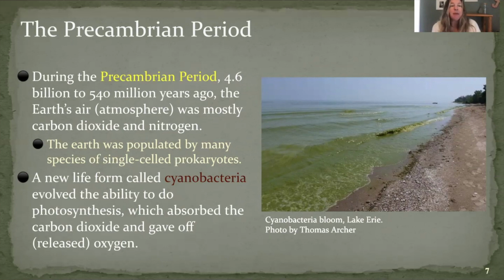There were small species called prokaryotes, and a new life called cyanobacteria evolved the ability to perform photosynthesis. Think back to biology, think of what photosynthesis is. It absorbed the carbon dioxide and released the oxygen. Slowly over time, more oxygen was put into our atmosphere, which is what we know and love today. The picture I have here is from Lake Erie. This is not from the Precambrian period, just saying, not that old.